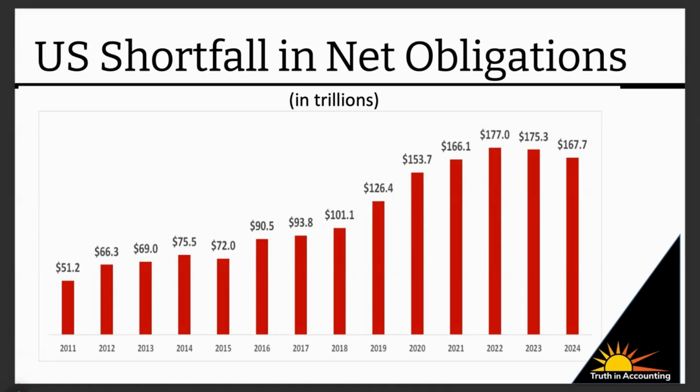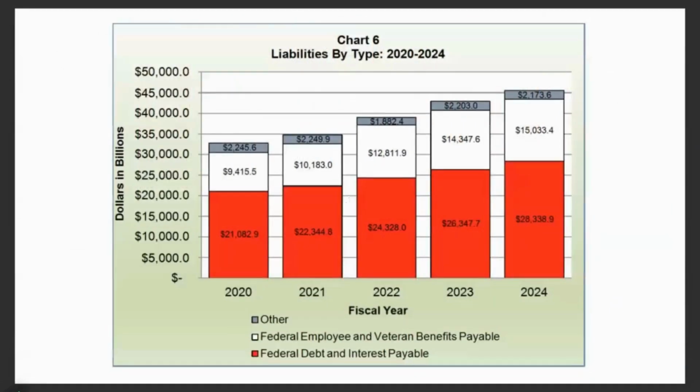So go to the next chart. This is page 24 of the Treasury's report. And this is the liabilities by type for the last 5 years. Now remember, the social programs aren't seen as liabilities except for those in the current year. And these are principally federal debt and interest payments and federal employee and VA benefit payable.